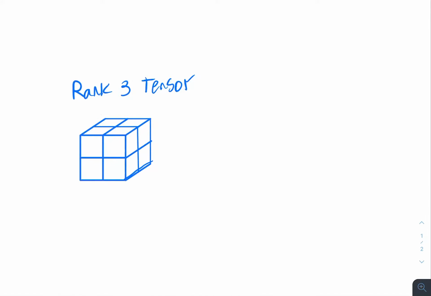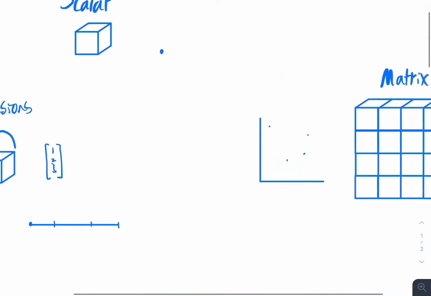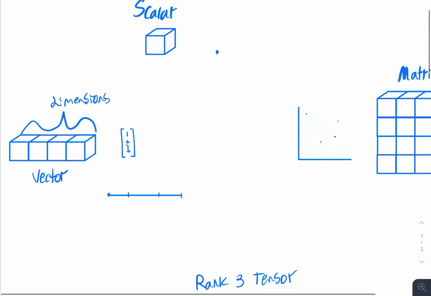But this idea is important for how we index them. Now you may have noticed that in programming, tensors are very similar to lists or arrays in the sense that they hold values in a structured, ordered, sequential manner.